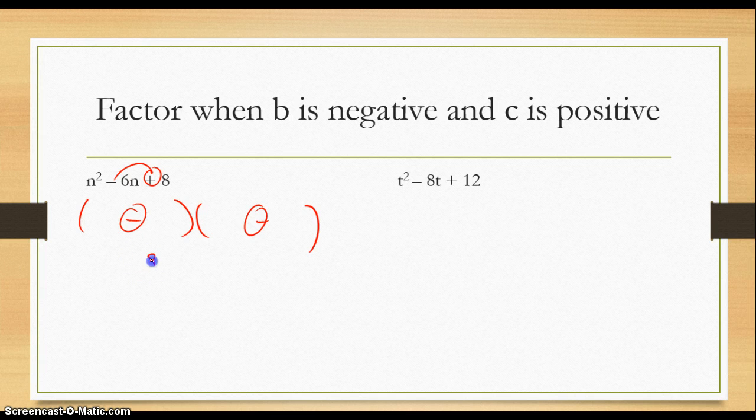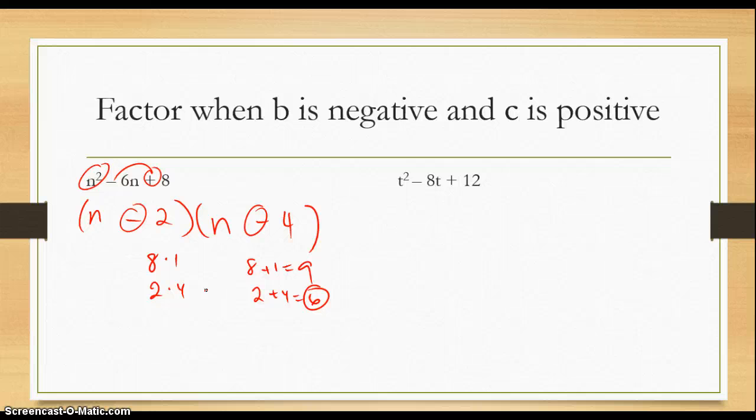We're going to find the factors of c and then add them together and try to get that middle term. And I have that middle term of 6, so my factors are 2 and 4. And then what makes up the front term is n times n is n squared.